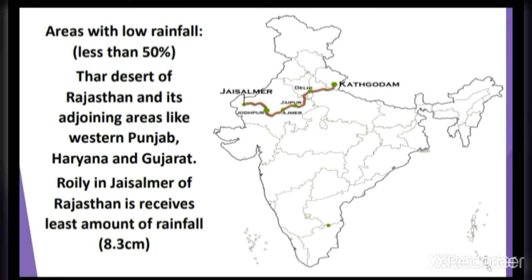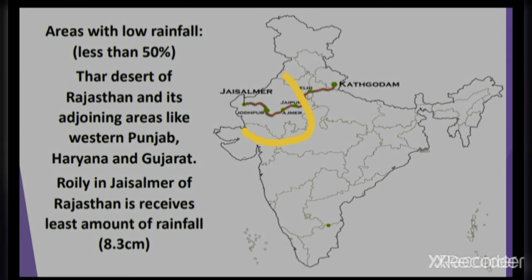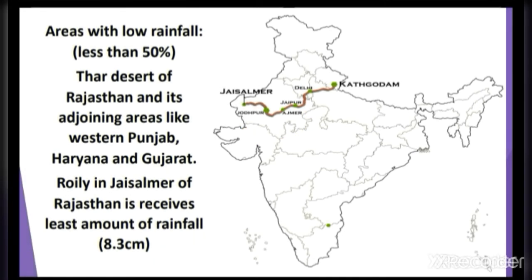Area with low rainfall means less than 50 centimeters. Thar desert of Rajasthan, and then adjoining areas like Western Punjab, Haryana and Gujarat. After that, Ramgarh here in Jaisalmer.